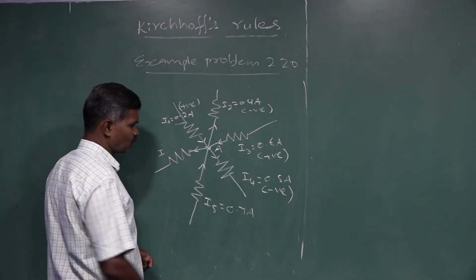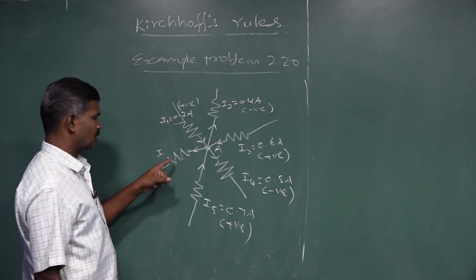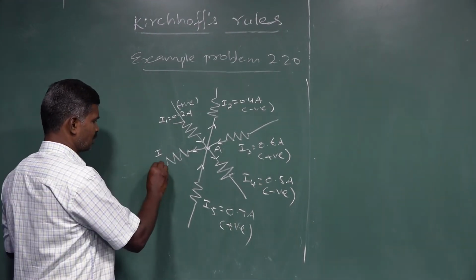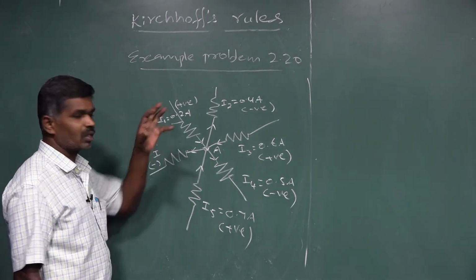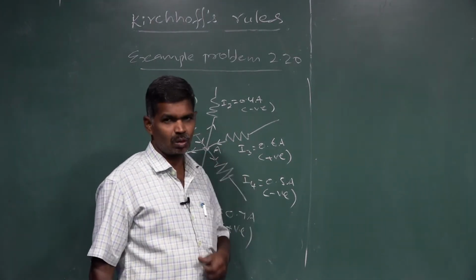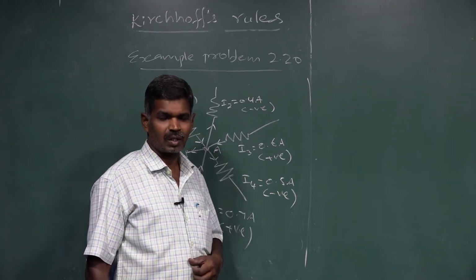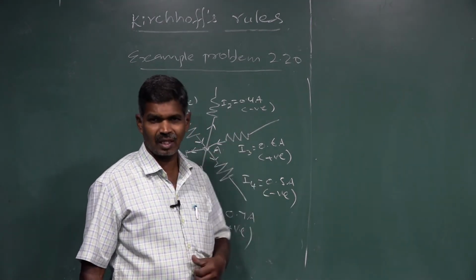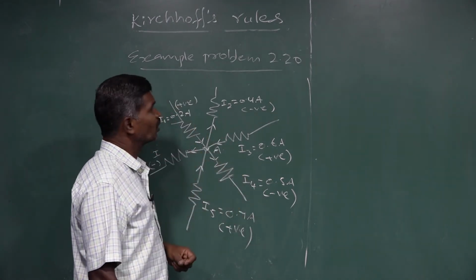Fifth current towards the junction, that is positive. But the unknown current away from the junction is taken as negative. So we are going to apply the first rule. The first rule is nothing but the algebraic sum of currents at a junction in a circuit is equal to 0. So we are going to do the algebraic sum.